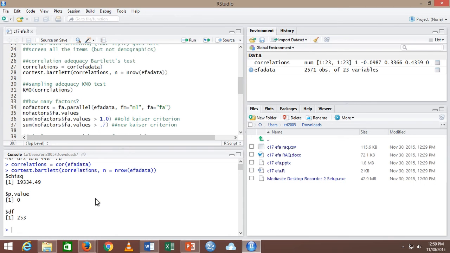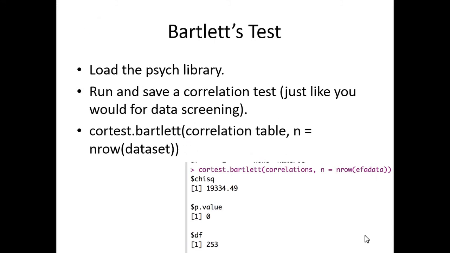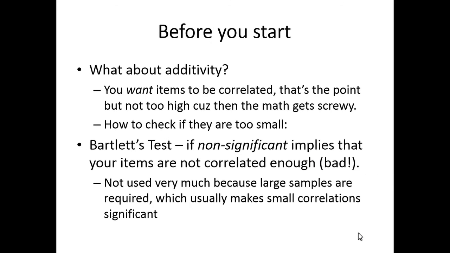I gave you p equals 0 because that p-value is so large, large meaning very, very small. So I do chi-square, degrees of freedom, the actual chi-square value here, and then this is the p-value. All right, so Bartlett's test is significant. So I would say that my correlations are large enough. They should be correlated enough to do something with.